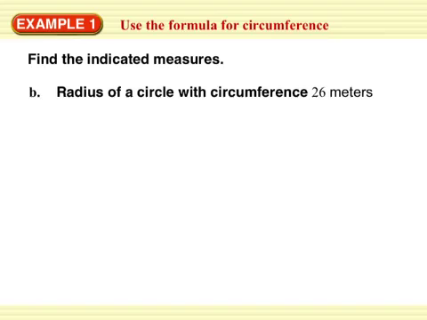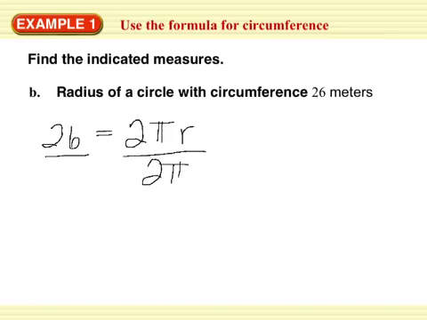Find the indicated measures. A radius of a circle with a circumference of 26 meters. So we're looking for the radius. I know that the circumference is 26 meters, and I'm looking for the radius. So I'm going to solve for r. 26 divided by 2 divided by pi.